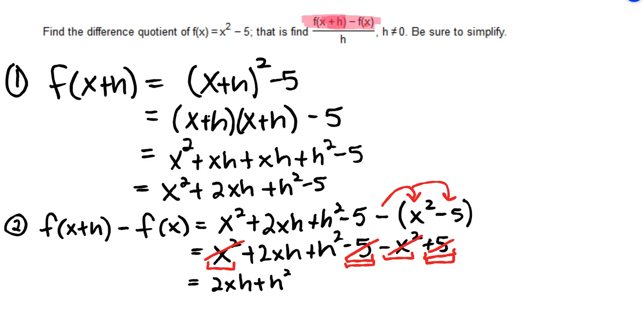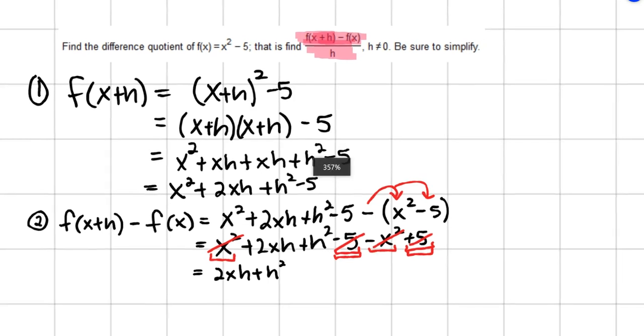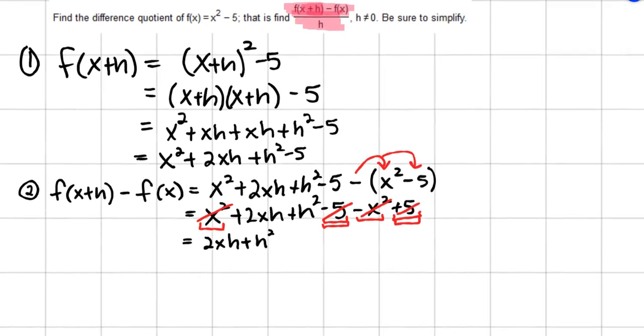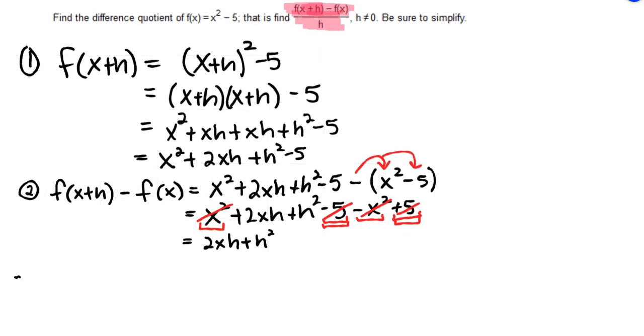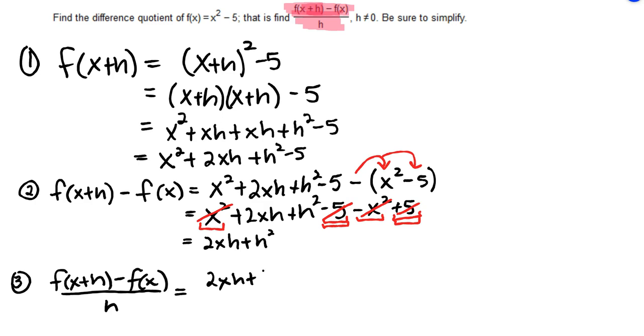The final step is for me to calculate the entire difference quotient. So that would be f of x plus h minus f of x over h. So we have the whole numerator that we just calculated divided by h. And all the terms in the numerator have an h in it.